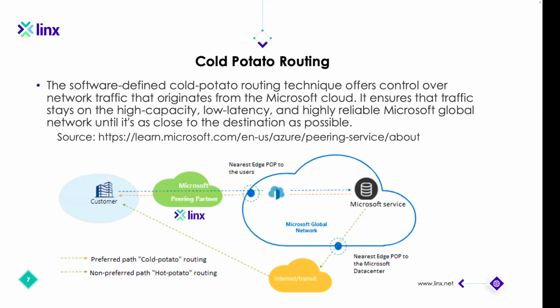If you're using MAPS, Microsoft always makes sure that it exits at the closest point to your network, especially if you're using MAPS in parallel with other connectivity to Microsoft. It will prefer MAPS, and it will keep it on the Microsoft network, meaning under their control, as long as possible. If you're using our London connection or any of the others, it will only leave the Microsoft network at the access point to us, and from there it's going to go directly to you.